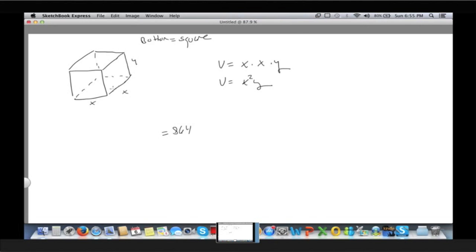The bottom surface area is x squared, x times x, so 2x squared is the bottom and top, plus, what is this side? xy, xy, xy, 2xy, this is xy as well.